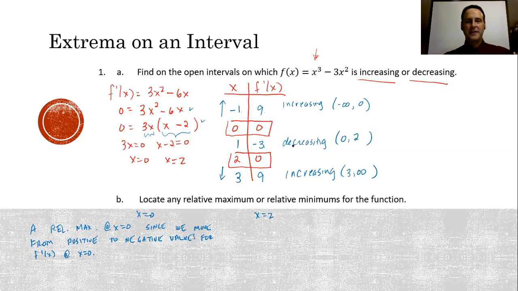All right, and then the same thing for x equals 2. We will say we have a relative, and the idea is we're going from negative to positive values for your slope. So negative values to positive values for your slope. So that is a relative minimum.